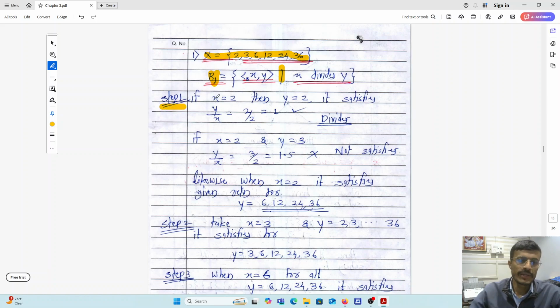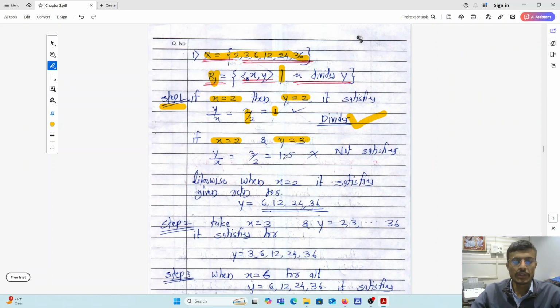So what is step number 1? If X is equal to 2, what are we going to do? Take X equal to 2 and Y equal to 2. Does X divide Y? Yes, 2 divided by 2 is 1. So it is satisfied for X equal to 2 and Y equal to 2. Then take X equal to 2 and Y equal to 3.